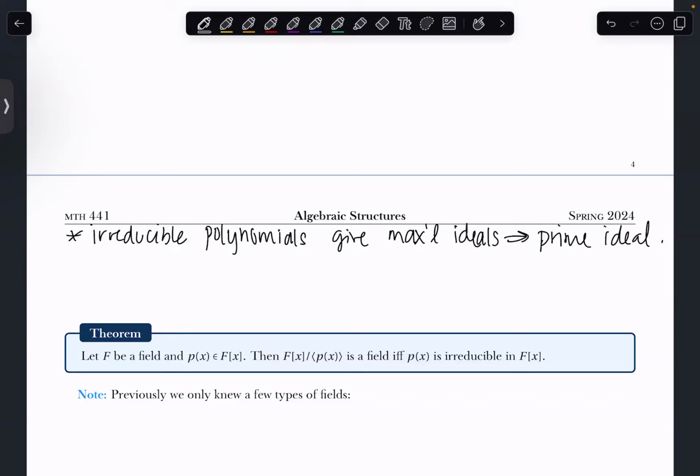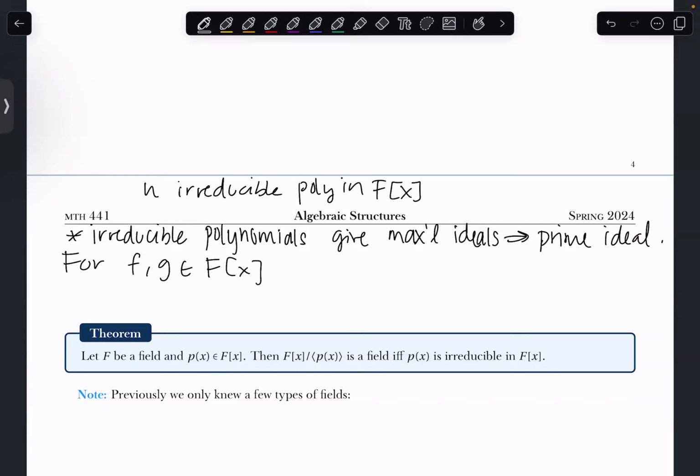Okay, so if I take 2, let's say f and g, and naturally let's say h is your irreducible polynomial, and I take 2 polynomials where, and actually I'll call it p, because we're going to think about this as a prime, where I can write p, where I know p divides the product f and g.